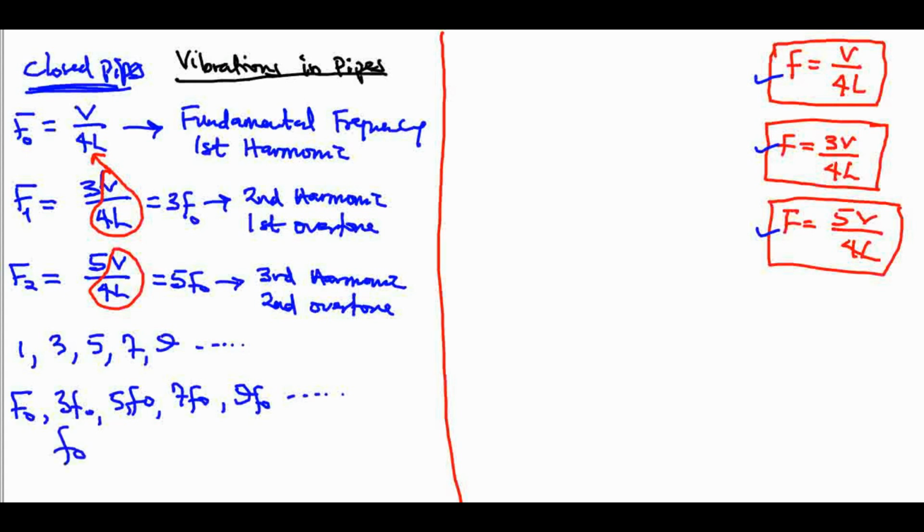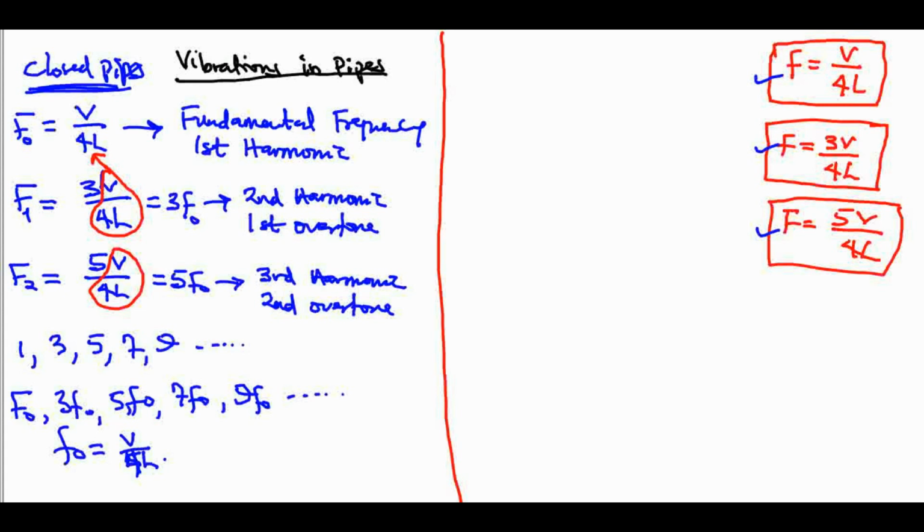So for a closed pipe, we count in the odd number multiples of the fundamental frequency, where the fundamental frequency F naught is equal to V over 4L. This is how you get to run calculation problems like in a closed pipe, find this harmonic or that overtone. We've taken time to explain how the fundamental frequency is the lowest.